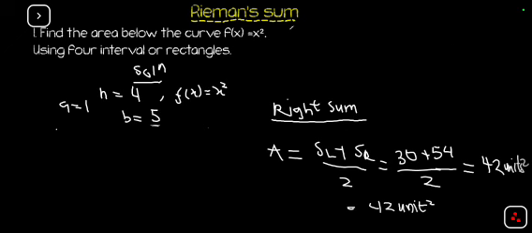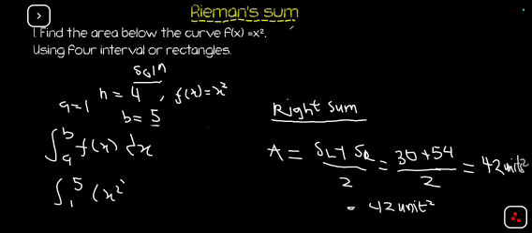The upper limit and the lower limit were given to be a equals 1 and b equals 5. So the integral from a to b of f of x dx is given by 1 to 5 of f of x, which is x squared dx.